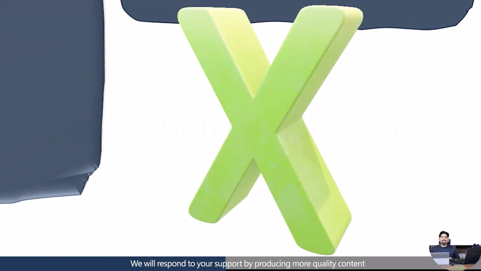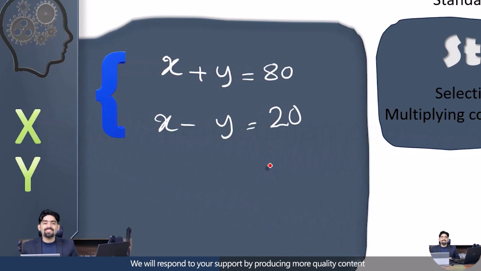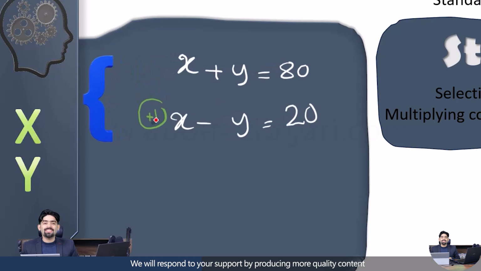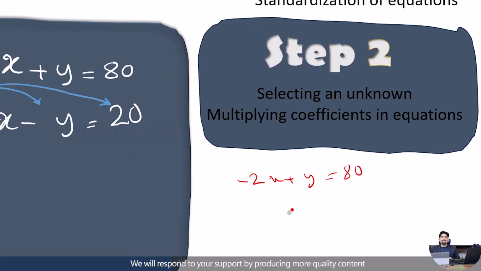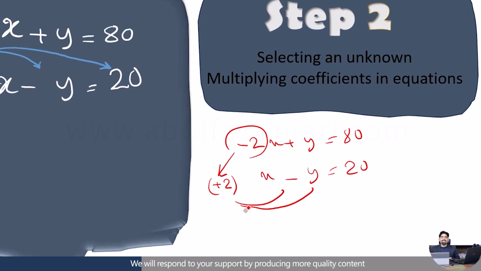And then we take the coefficient of x and multiply it by minus 1, and then we multiply each parameter of the second equation by it. For example, if the coefficient of x in the upper equation was minus 2, and in the second one it is plus 2, you must multiply each parameter of the equation accordingly. Okay?